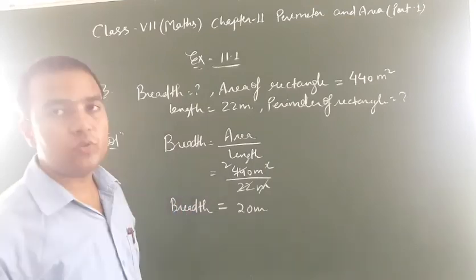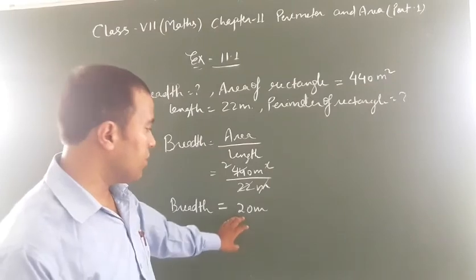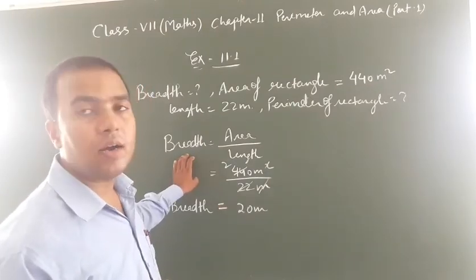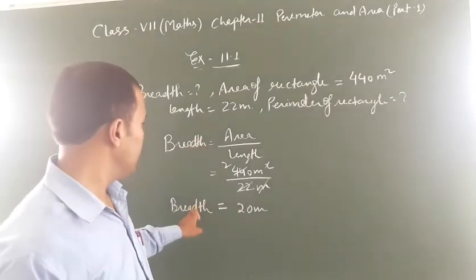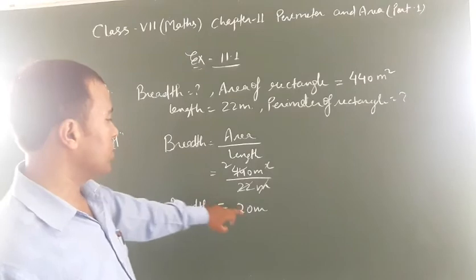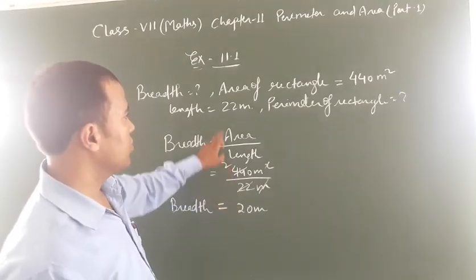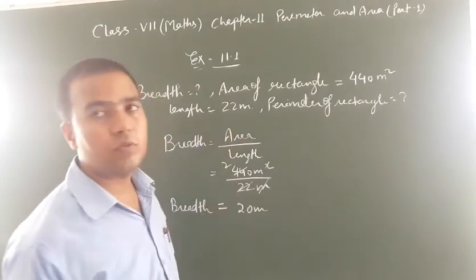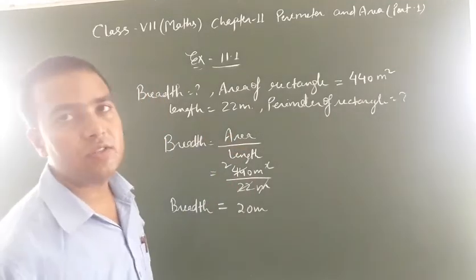If you want to check whether this value is correct or not, we know that area of rectangle is L into B. B equal to 20, L equal to 22, 22 into 20 is 440 meters.